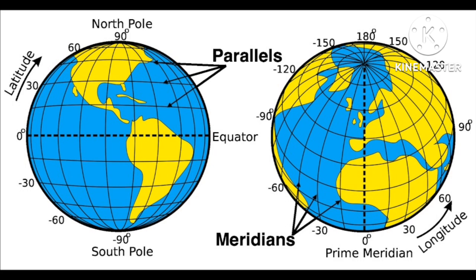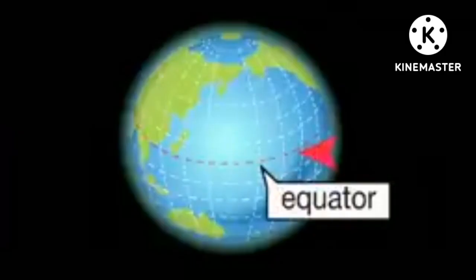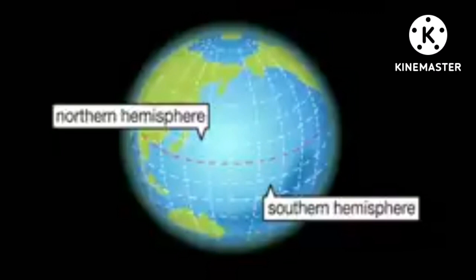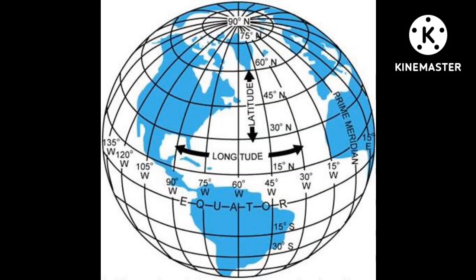The line that runs around the very middle of the Earth has a special name, called the equator. The equator is at 0 degrees. Everything above the equator is called the northern hemisphere, and everything below the equator is called the southern hemisphere. The lines of latitude run from 0 degrees at the equator to 90 degrees at the poles.